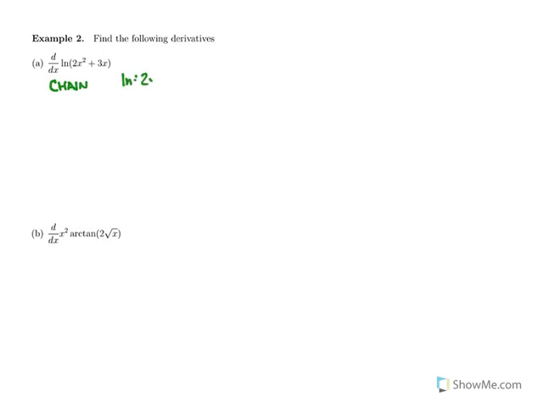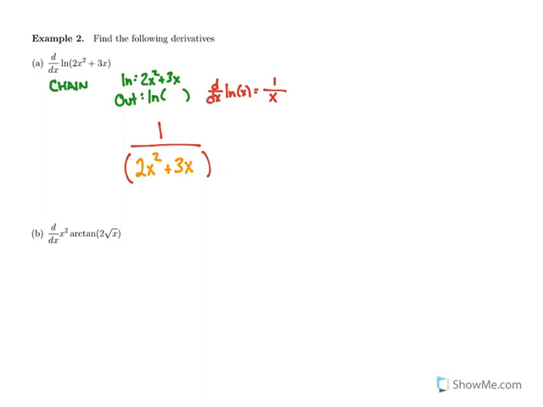The inside function is 2x squared plus 3x, and it is inside of natural log of something. So we are going to take the derivative of natural log, which is 1 over x, and that's going to be the derivative of the outside. We are going to leave the inside alone, and we're going to multiply by the derivative of the inside function.